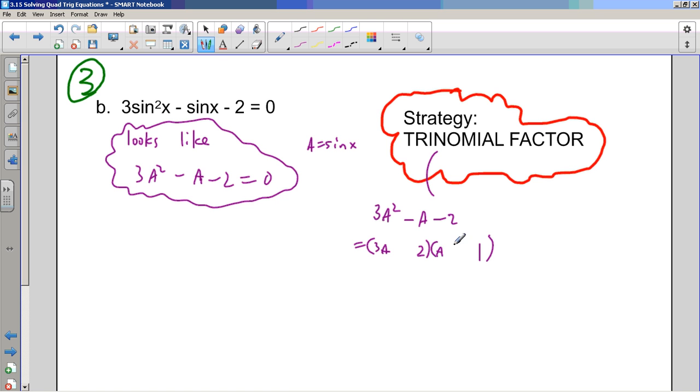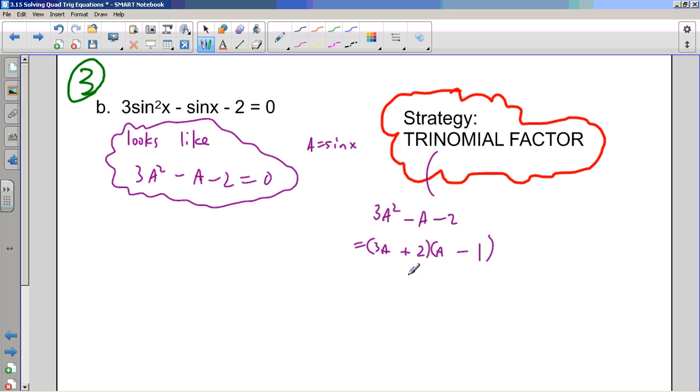The 1 goes there. Now I just have to figure out the signs that make it negative 1. Notice positive 3 and negative 2, that's the wrong way. So this is going to be positive 2 and minus 3, right? So when I multiply it out, this works.